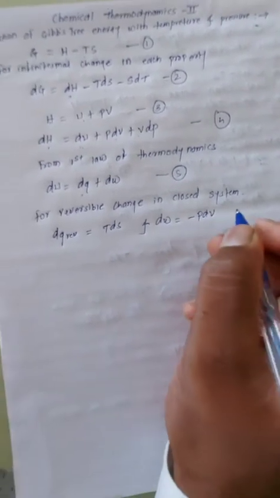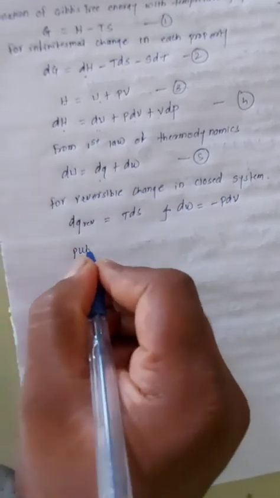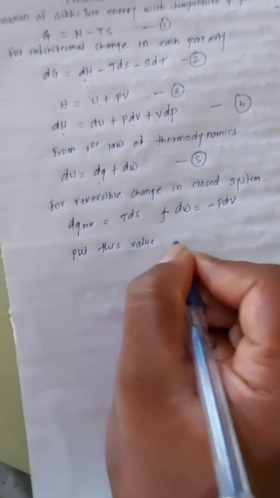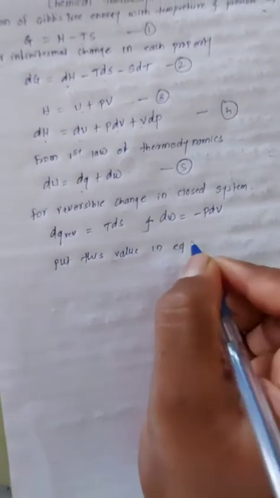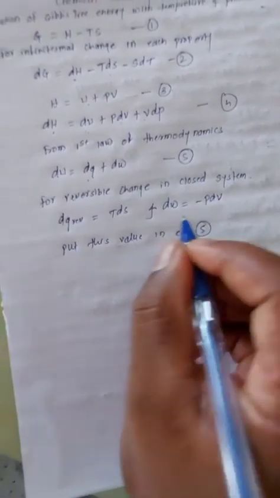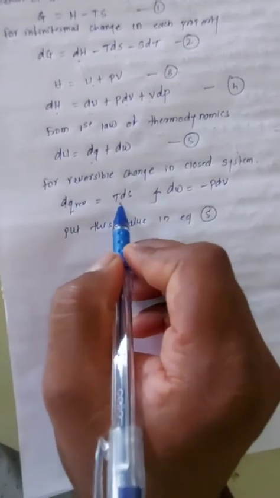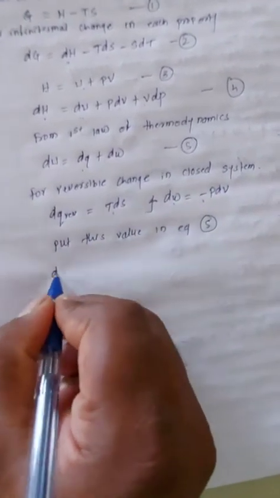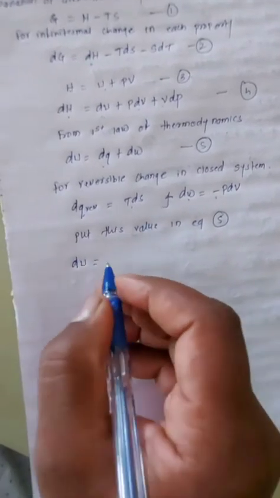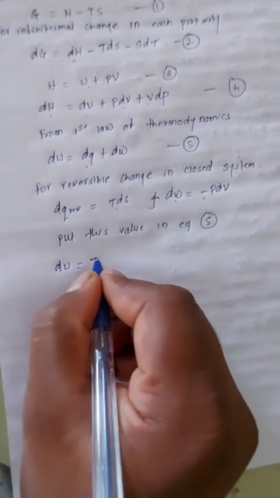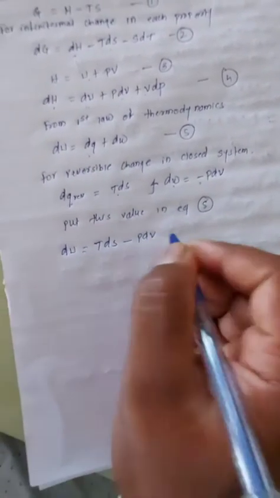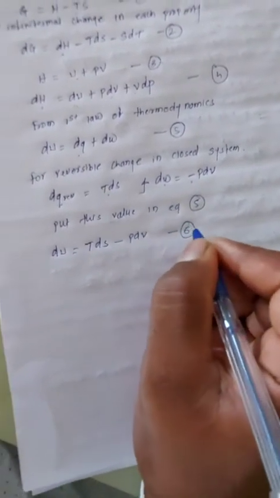Now put these two values in equation number 5, that is dq is equal to TdS and dw is equal to minus PdV. Then dU is equal to TdS minus PdV. This is equation number 6.